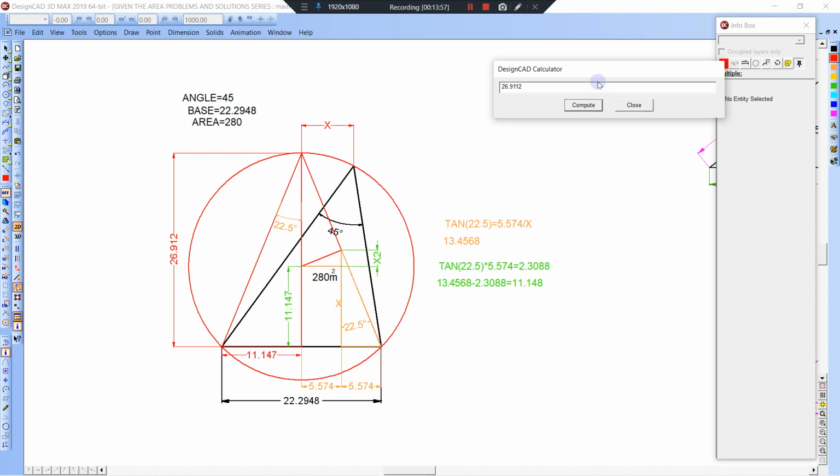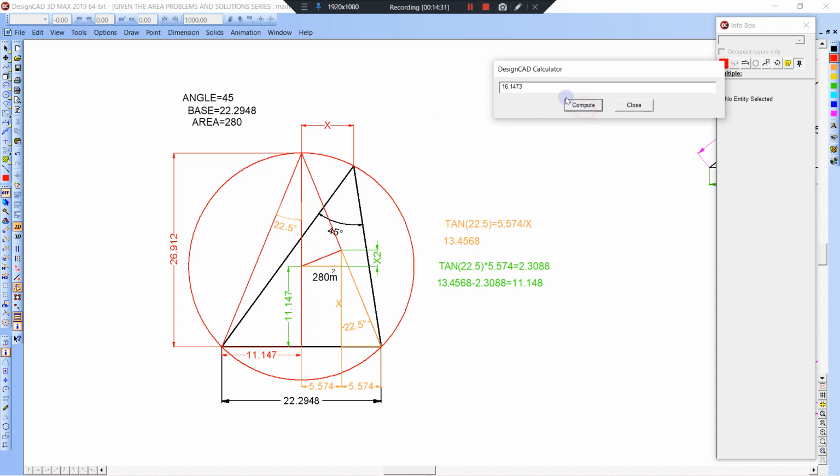So the height of the base, which is 1/2 base times the height equals the area. So h is equal to 180 times 2 divided by 22.2948.